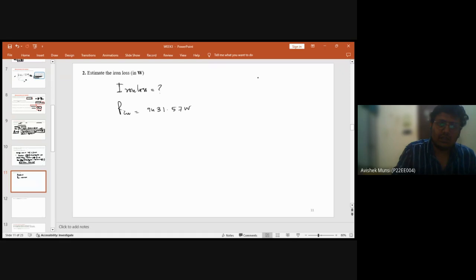Now the next part is to calculate the iron loss. What other data is given? 350 kVA at 0.8 power factor, and maximum efficiency occurs at 75% of the load. We have the copper loss, so now calculate the iron loss.